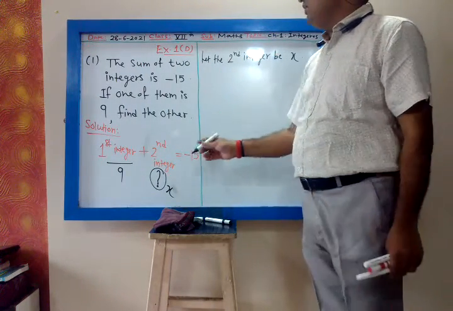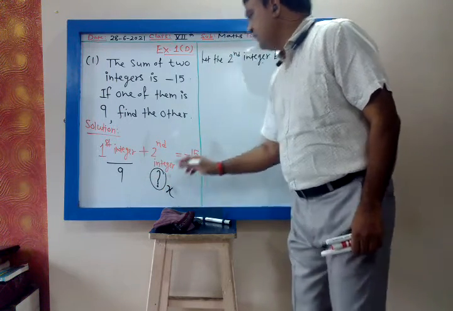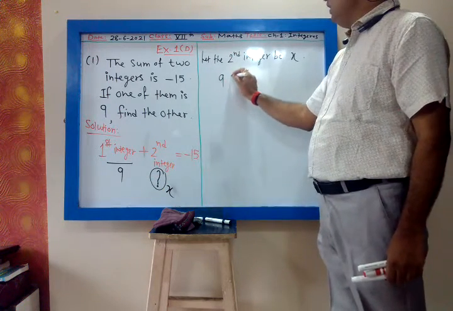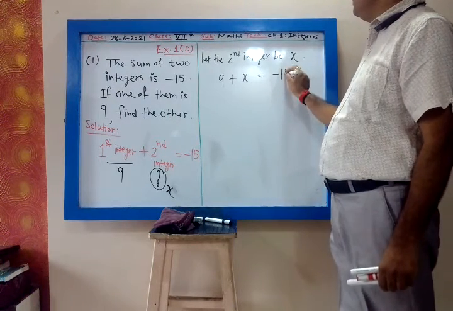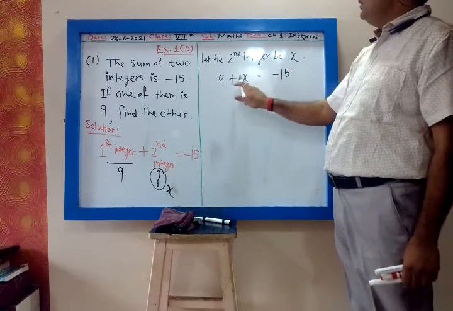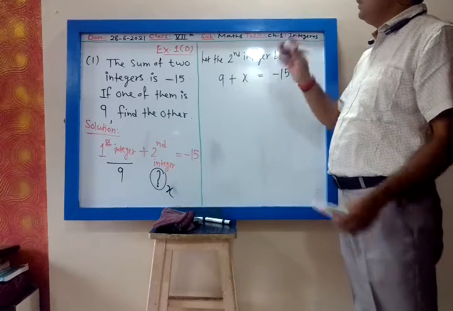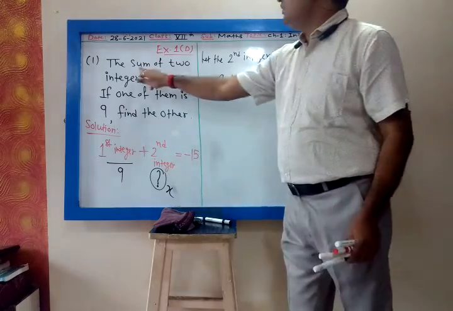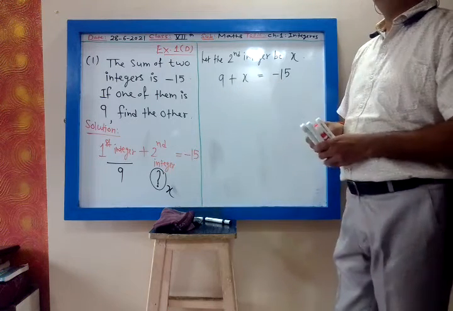So what is that equation? Tell me. 9 plus x is equal to minus 15. This is the first integer, this is the second integer. The second integer is not given, so we consider it x.